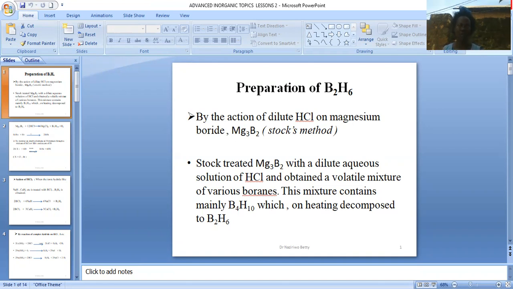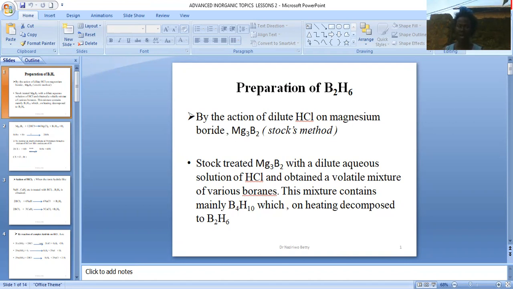We looked at the nomenclature, or the naming, of the boranes, and we said the number of boron atoms is named by Greek numerical prefixes: if they are 4, tetra; 5, penta; 6, hexa, and so on. The number of hydrogen atoms in the borane molecule is named by Arabic numerals, such as 6, 9, 10, as the case may be.